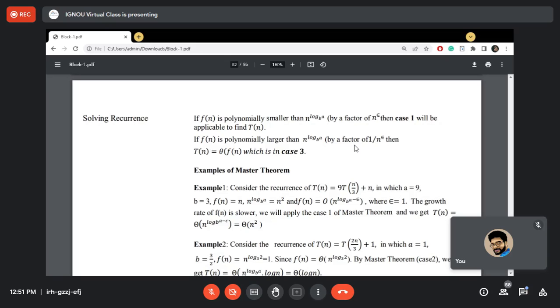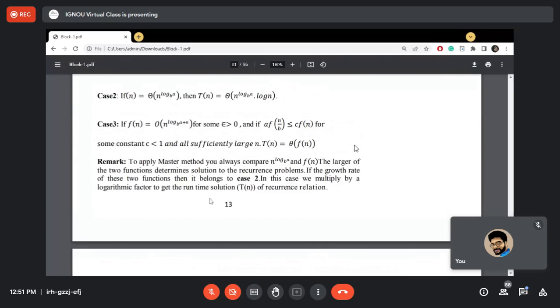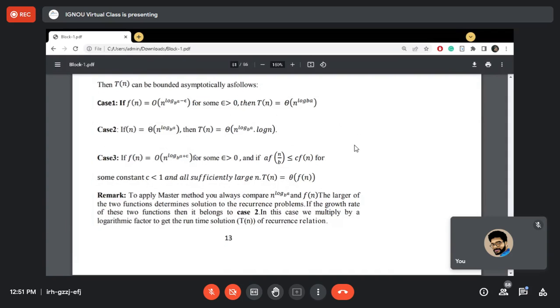So the answer is theta n squared. You have to pick the greatest value. In your book there is a mistake: this case is F(n) less than big O of n to the log base b of a, this one is equal, and this one is F(n) greater than. So if you have two numbers, the answer is the greater one with theta notation.